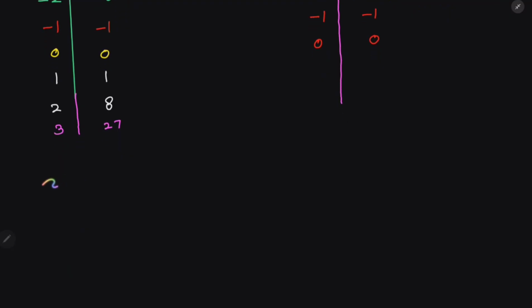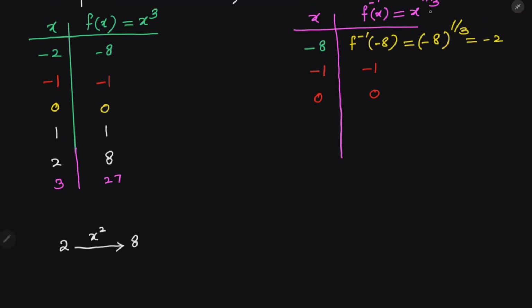Now let's take a very simple example, and we talk about the role of f and f inverse. When we have 2, and we put that value 2 into x cube, we get 8.